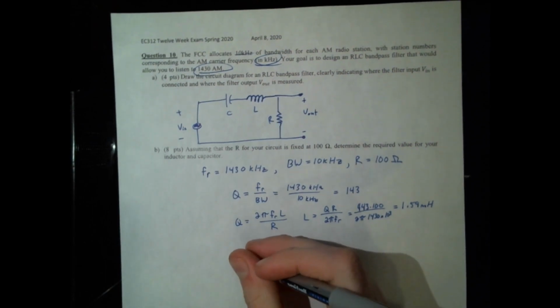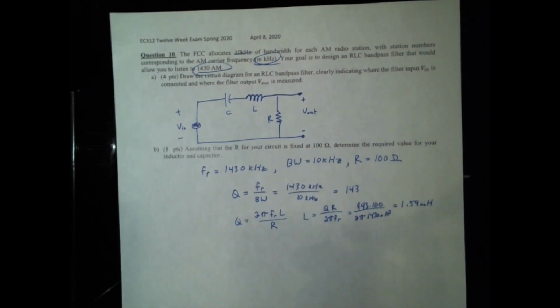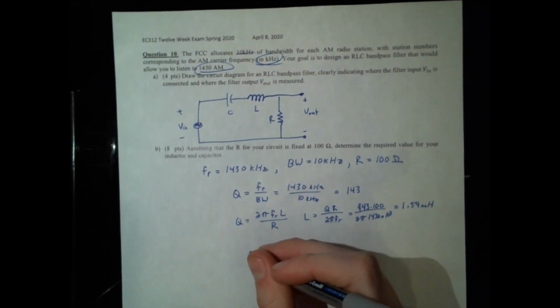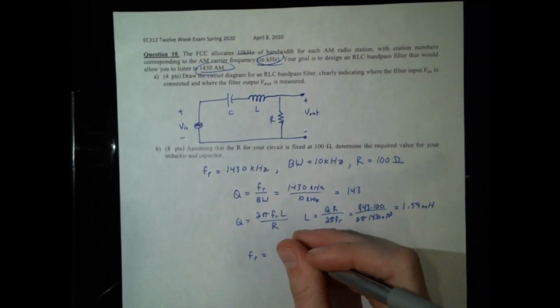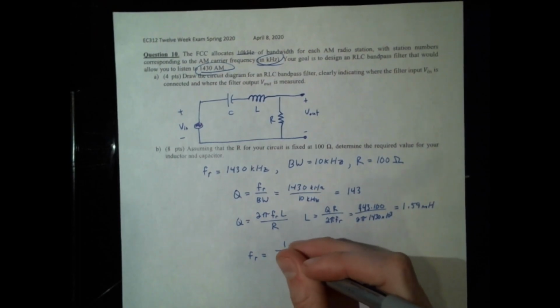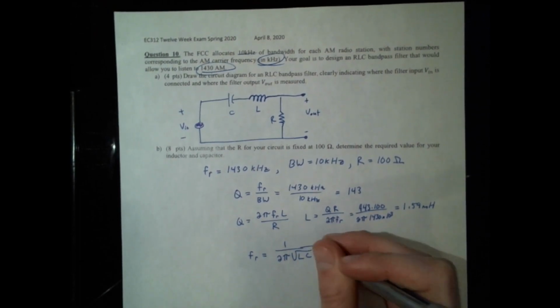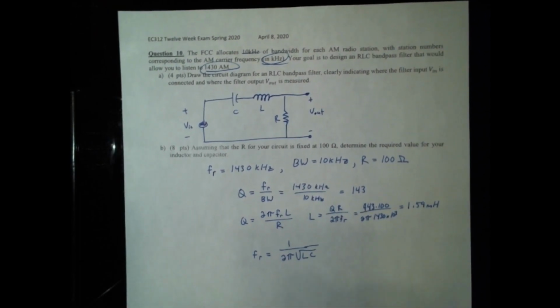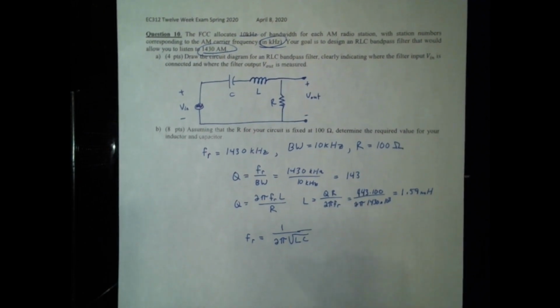Finally, we continue on with the other equations that we know. fR is equal to 1 over 2 pi square root of LC. Coming from the notes, we've previously derived this, so we know this is the equation for the resonant frequency, and it allows us to choose a capacitance and figure out the inductance, or choose the inductance and figure out the capacitance, or figure out the resonant frequency from those two values.